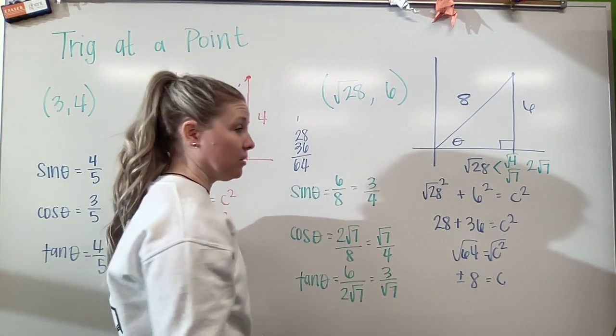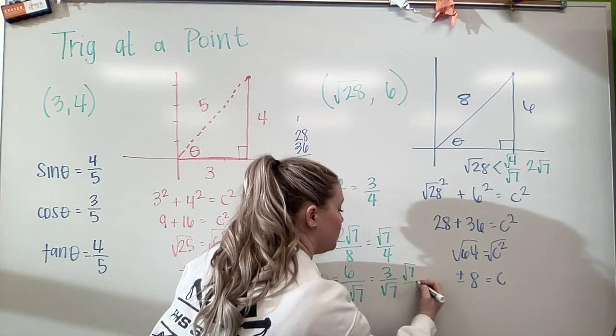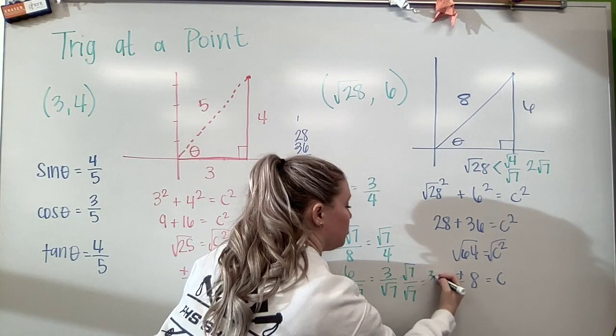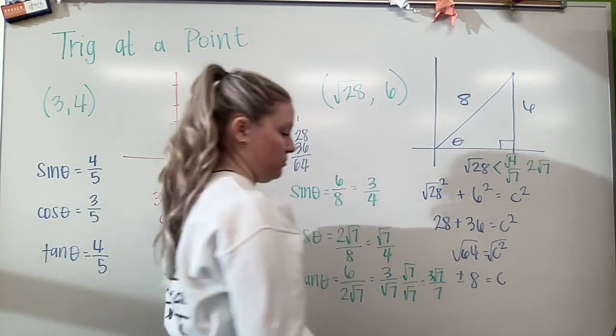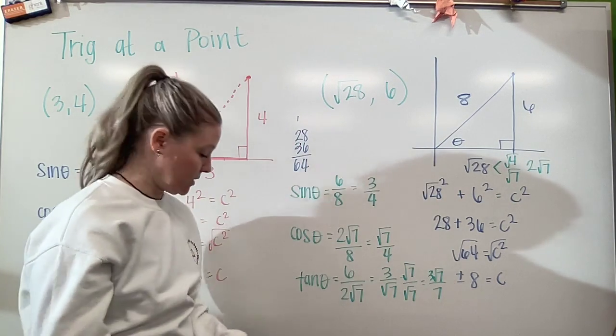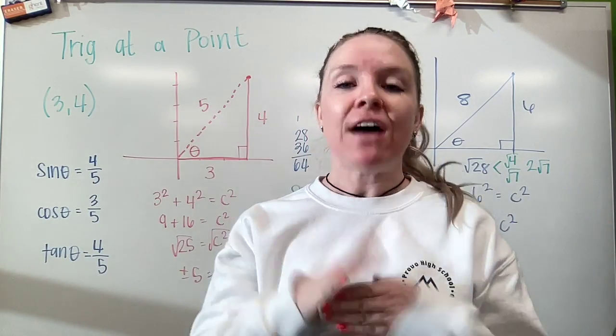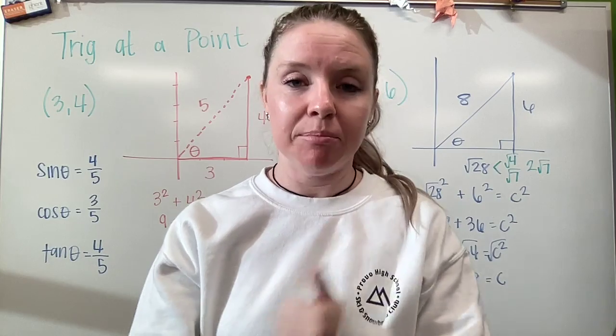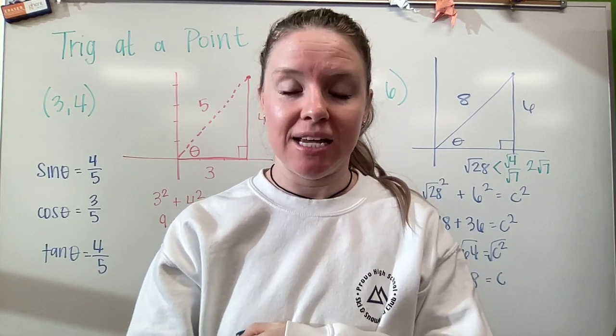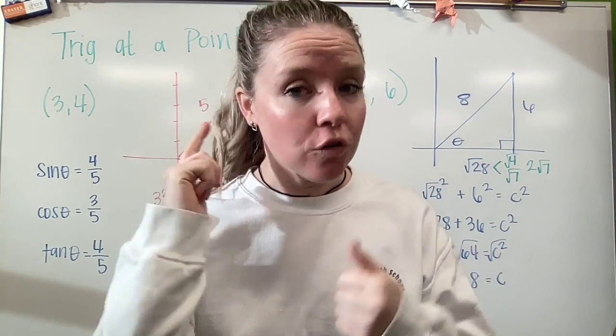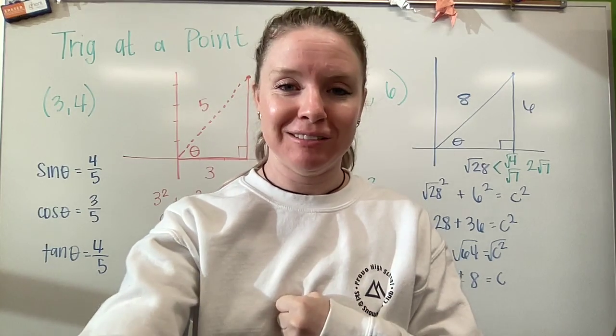We don't want to keep that radical in the denominator, so we rationalize it, and we get 3 root 7 over 7. Okay? So all we're doing here is we're building our right triangle, finding our hypotenuse, setting up sine, cosine, and tangent. Make sure you fully reduce your fractions. Good luck.